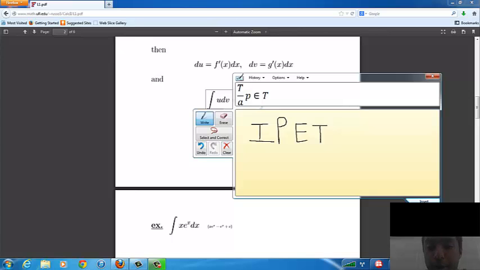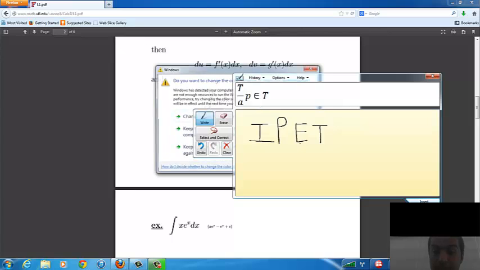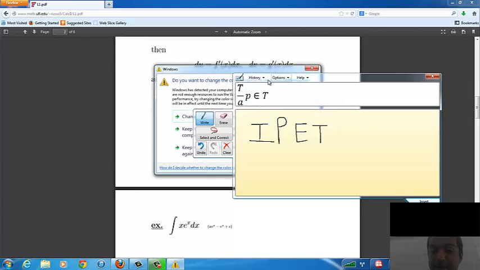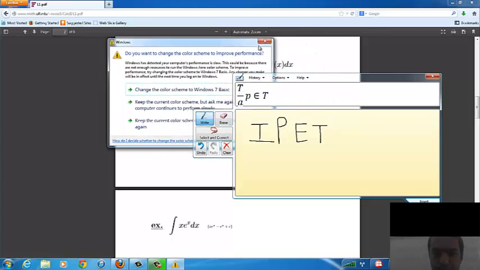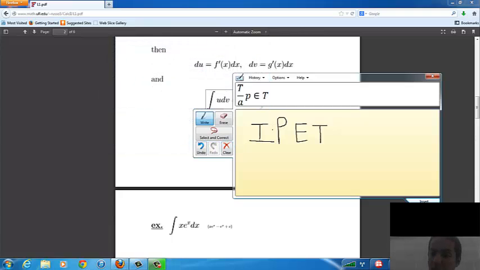To pick your u, your primary, you're going to choose from this mnemonic device. The I stands for inverse, the P stands for polynomial, E stands for exponential, and T stands for trigonometry. And what comes first in the integral is what you'd be choosing.